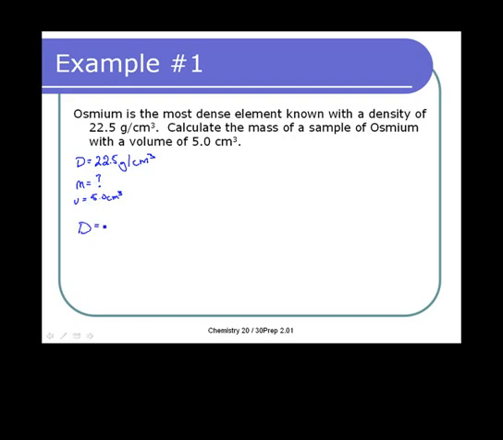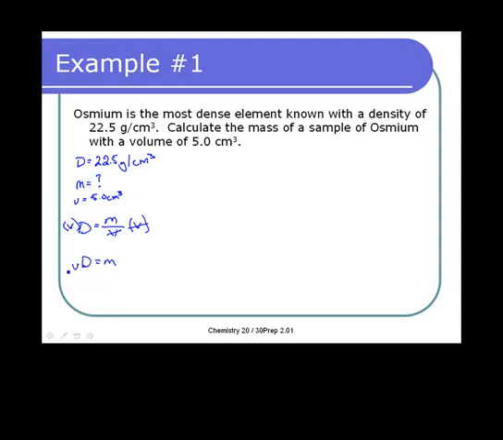I'm going to go through and see how I need to use my formula. We know that density is equal to mass over volume. I want to find the mass, so I'm going to isolate mass by multiplying both sides by volume. When I do that, the volumes on the right side cancel out, and I'm left with volume times density is equal to mass.